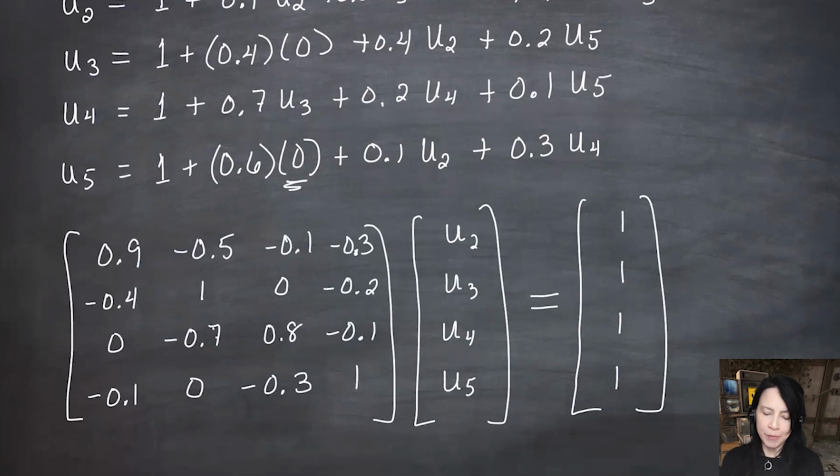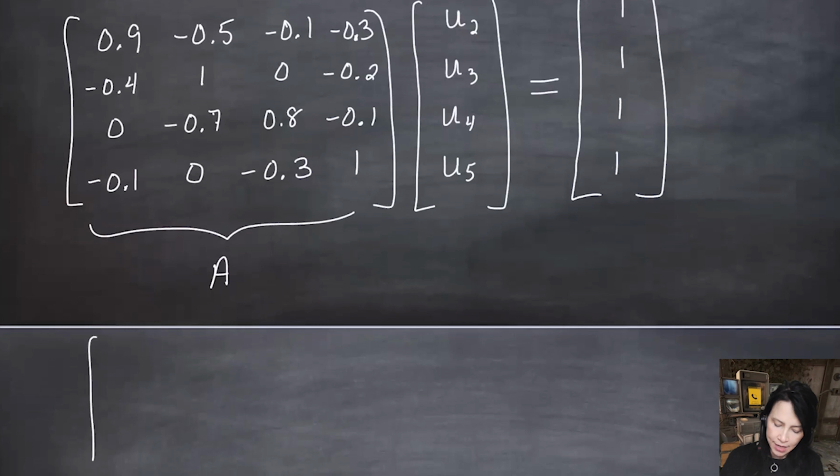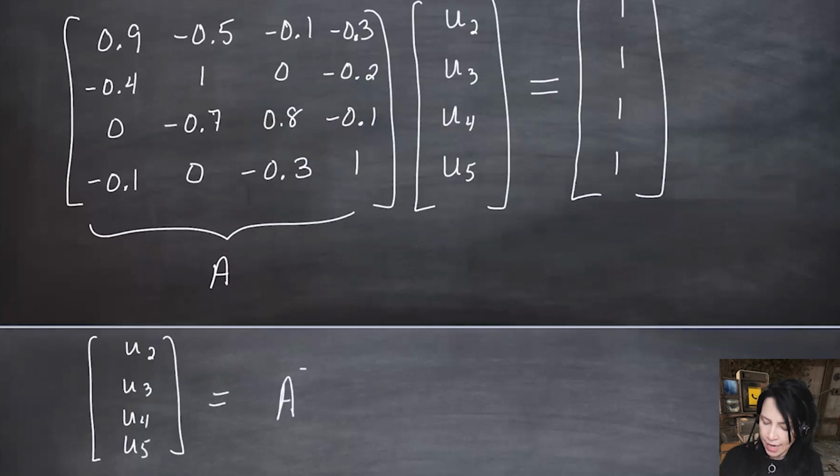So I have my matrix vector system of equations. If you call this A, then you can get the vector we want, U2, U3, U4, U5, by taking A inverse and multiplying on the right by the column vector 1, 1, 1, 1.